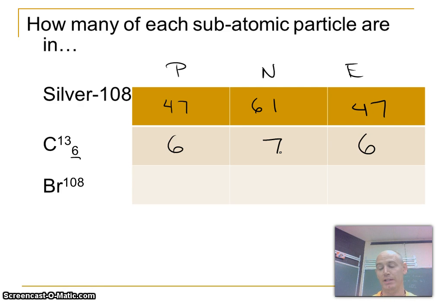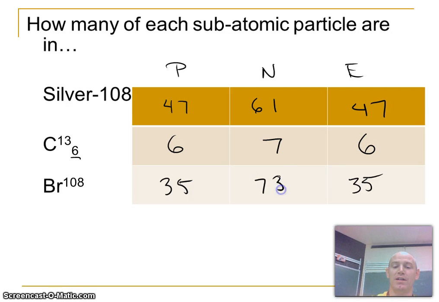So 35 electrons as well. And in order to get to the number of neutrons, we take the mass number, which is 108, subtract the atomic number, which is 35, and that should leave us with 73 neutrons.